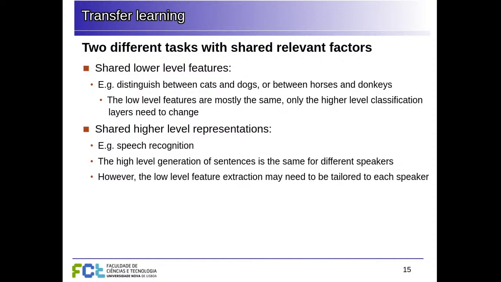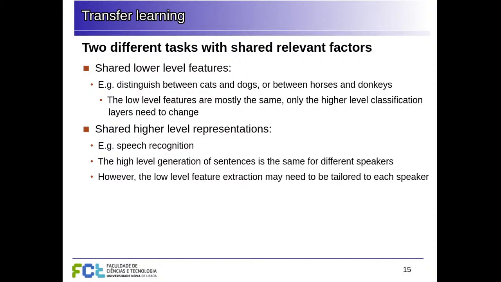For example, in speech recognition, we need to recognize the structure of sentences, different words, how the words combine together to give some particular instruction or something like that, and this is the same for all speakers of the same language. However, the voice of the speaker, so the identification of each particular token, will probably have to be learned for each individual speaker.